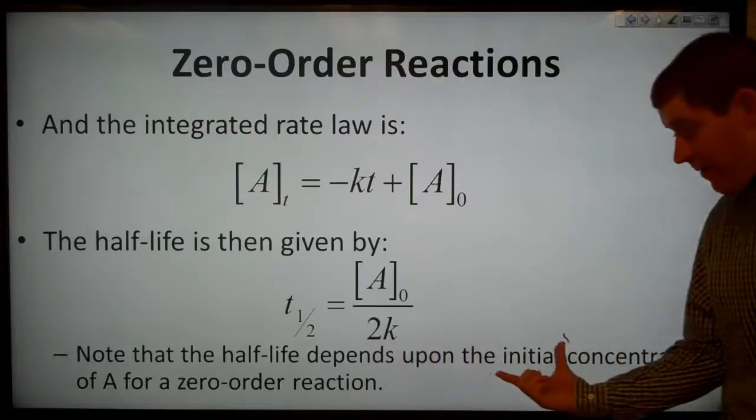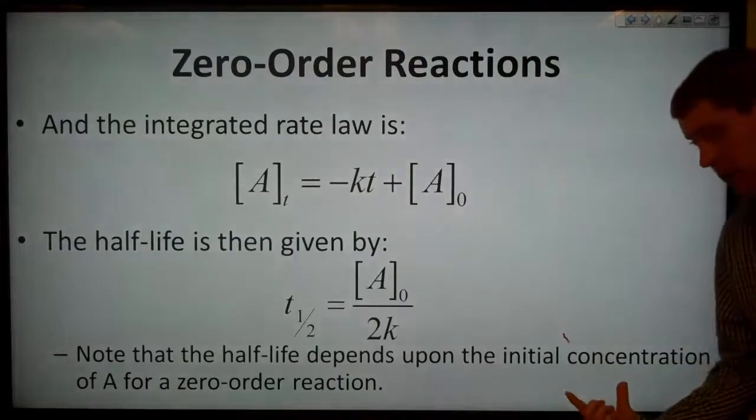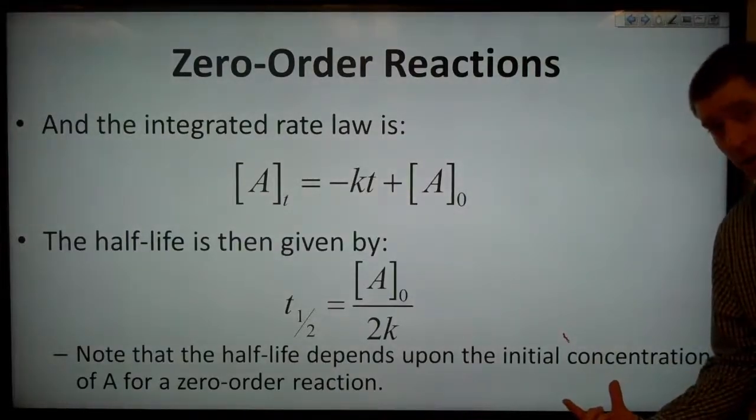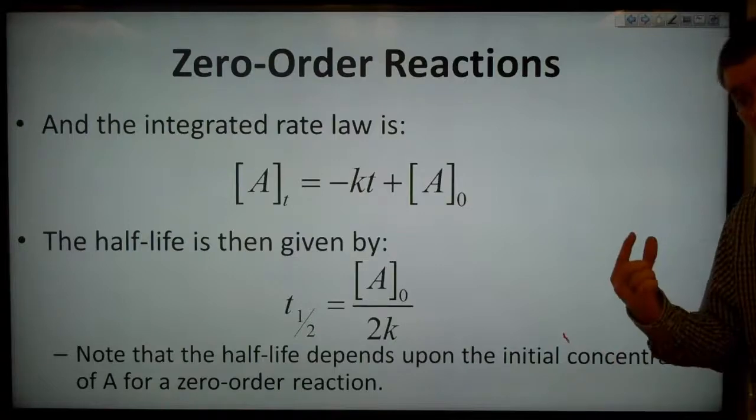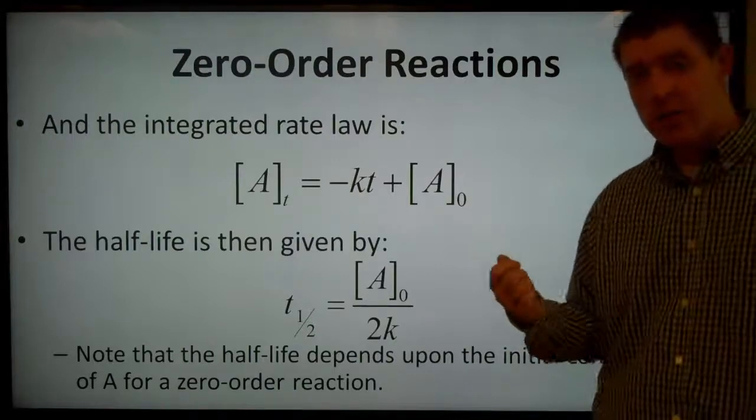So, note that our half-life does depend on the initial concentration of A for a zero order reaction. But this is because the rate doesn't depend on the concentration of A.